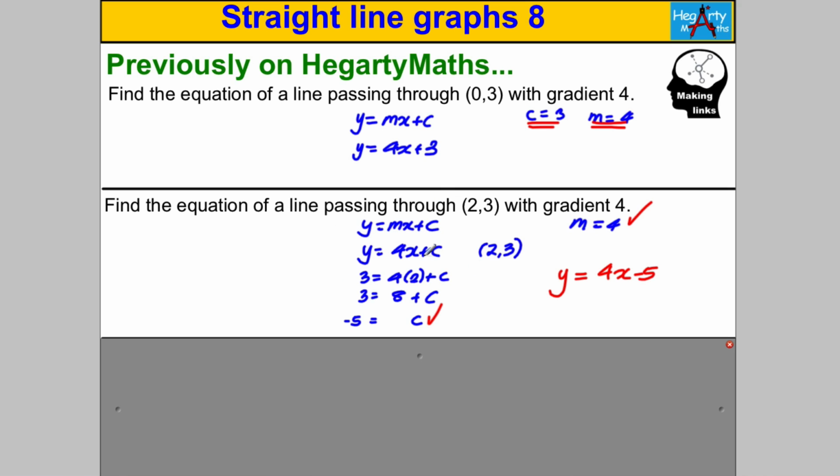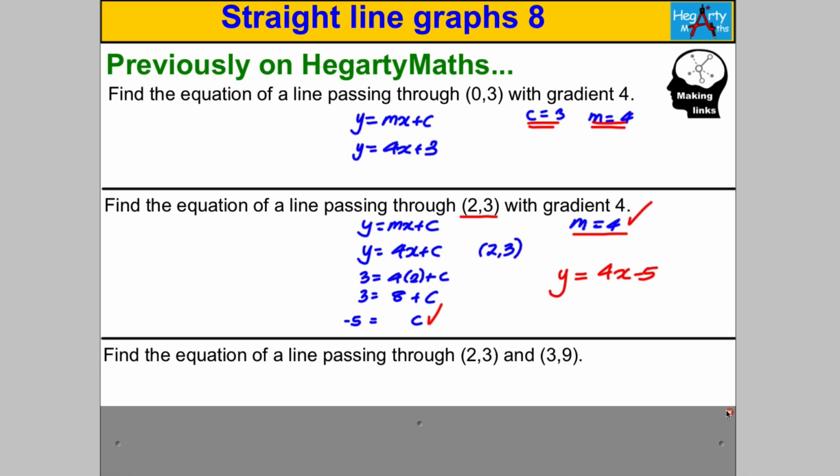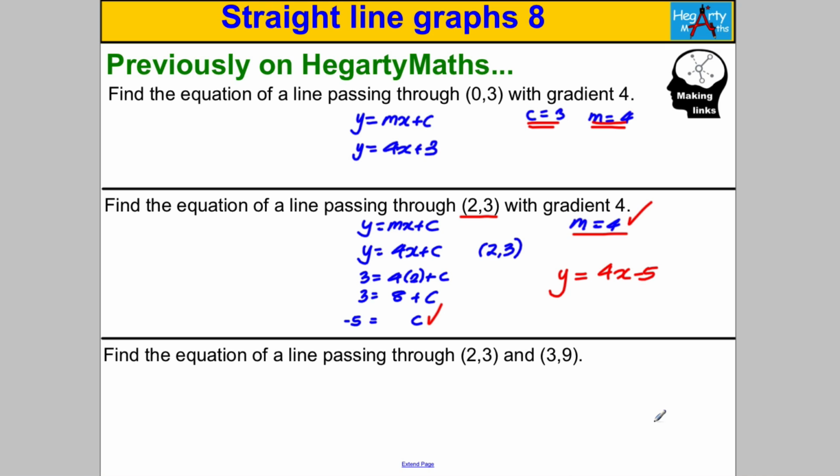This case, a tiny bit more difficult. You substitute in the gradient that you're given, substitute in the two coordinates, the x and the y that you're given, in order to find c, and then state your final answer. Now this is what we're going to be doing in this particular skill. See if you can spot why that's another layer of difficulty. Can you see why?